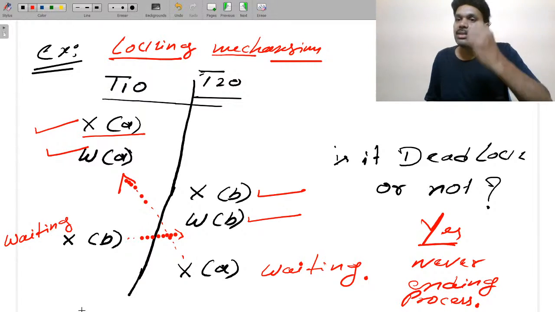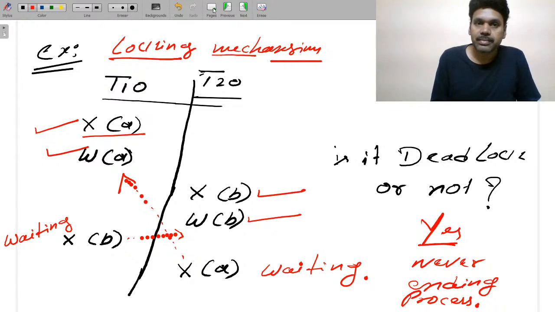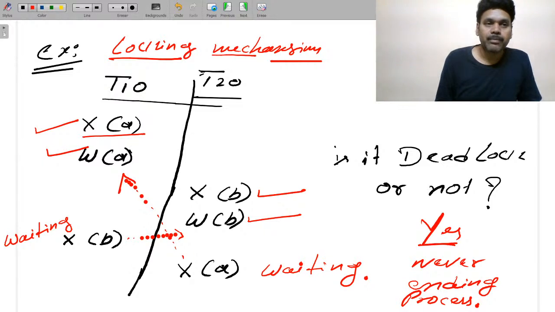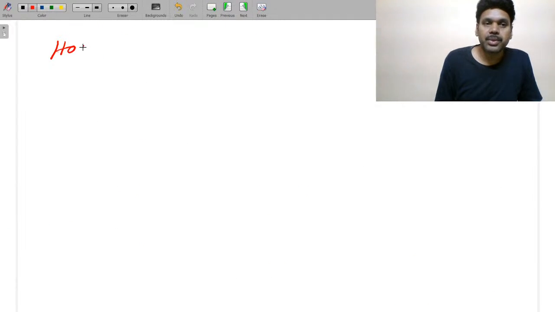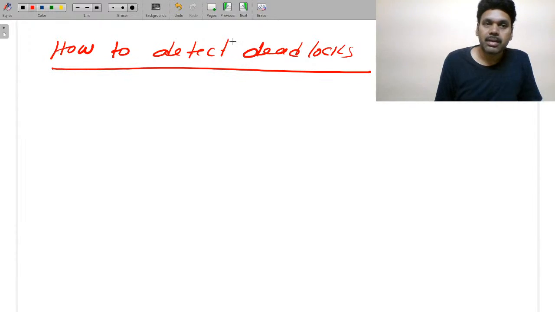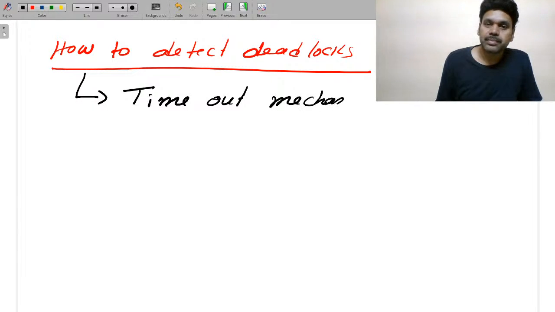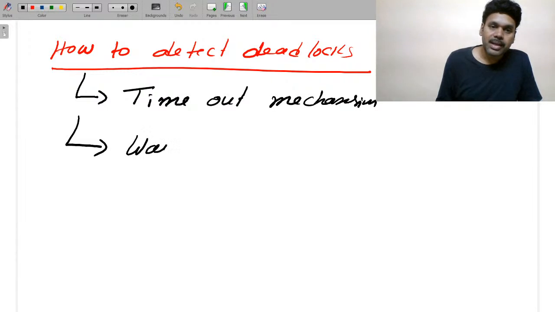So how to detect deadlocks? The only one point, that is timeout mechanism. And the second one is what?